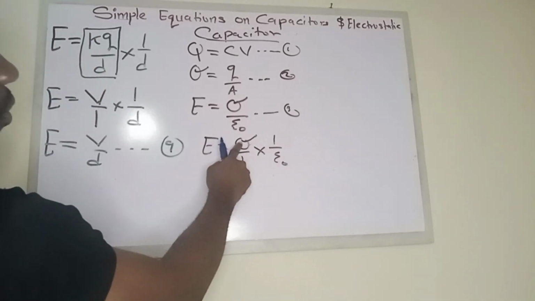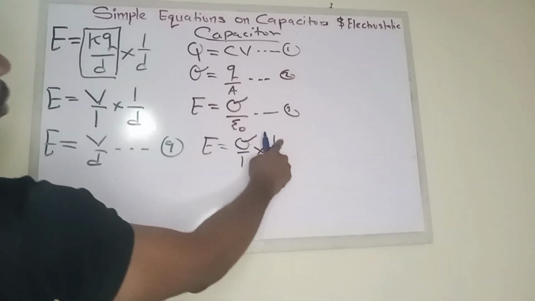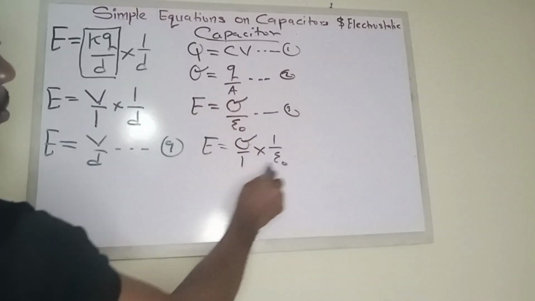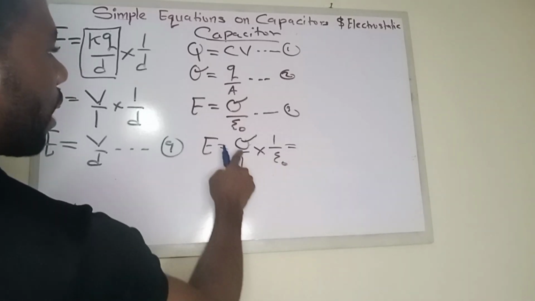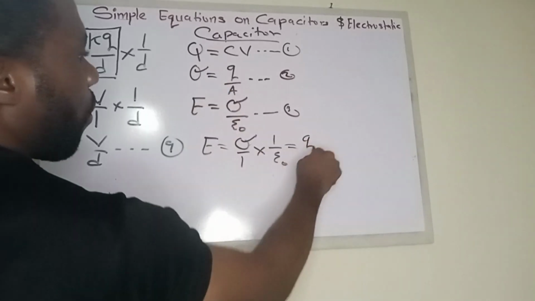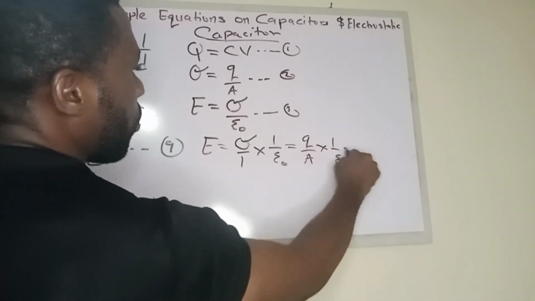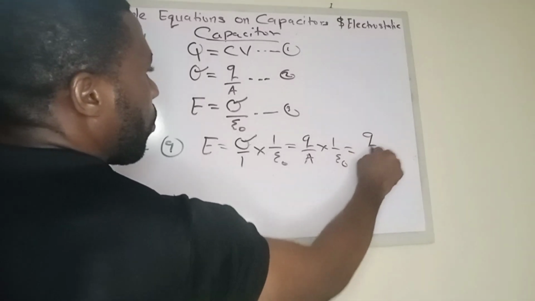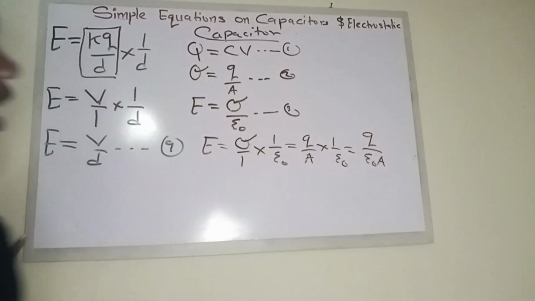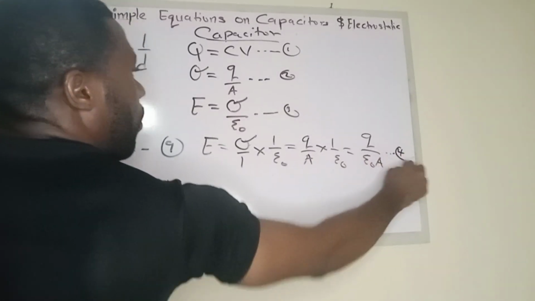So whatever our surface density is, Q over A, multiplied by 1 over E naught, is the same as Q over E naught A. Let's call this equation 4.